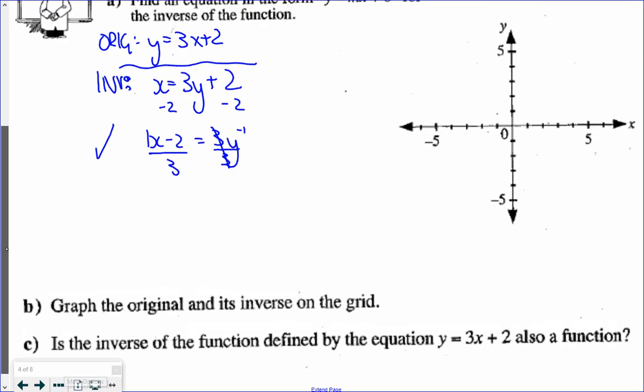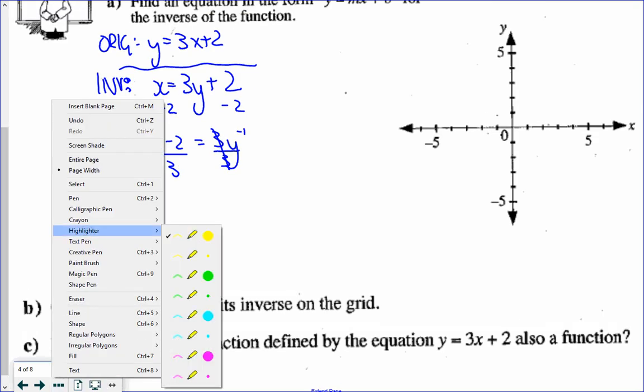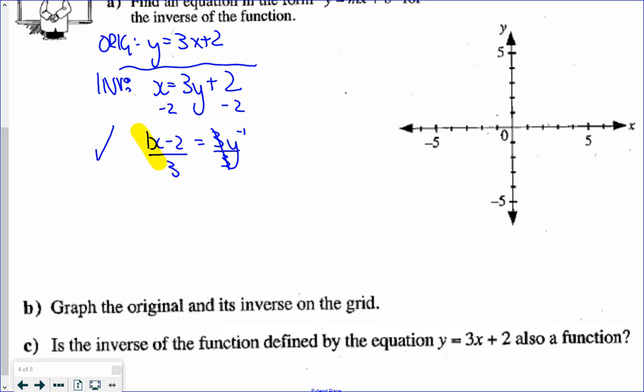Because I have 2 terms in the numerator and 1 term in the denominator, I can actually separate this up to write it as 1/3 x minus 2/3. And now that's that m and b equation from grade 10. Remember, mx plus b, m is the slope, b is the y-intercept.